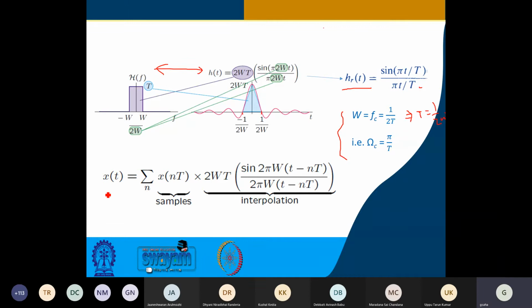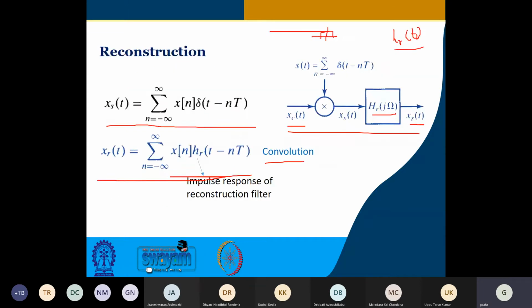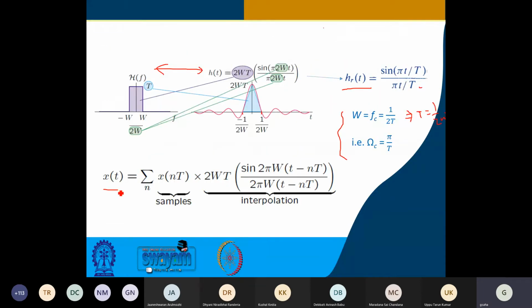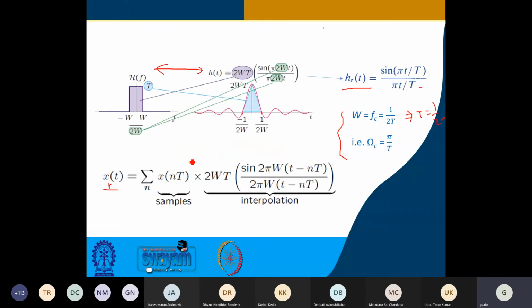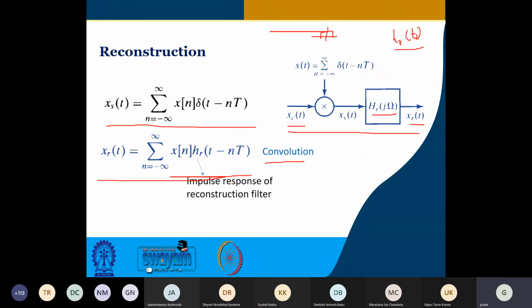Your x_r(t), the one that you had seen before, after reconstruction, so basically we are talking about the reconstructed one, is this x[n], which is nothing but x(nT), the samples that we have, and this h_r(t) shifted by nT depending on the value of n.